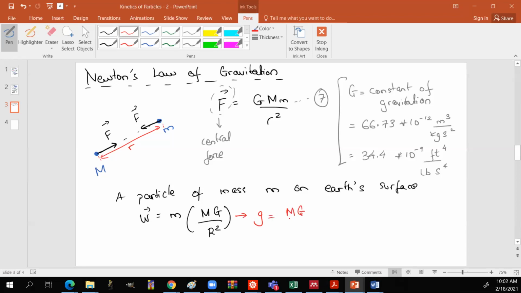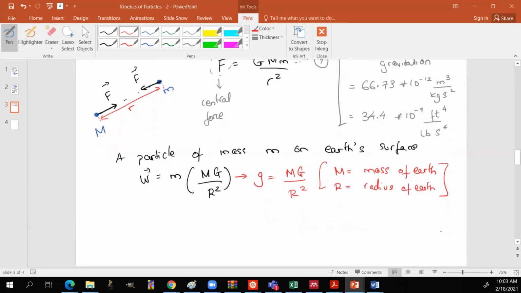Here, M is the mass of the Earth, and r is the radius of the Earth, so that's the distance between you and the center of the second big particle, which is the Earth. And when you do all the math, that comes out to be approximately what we know to be 9.81 meters per second squared.